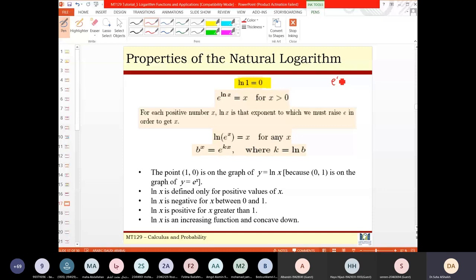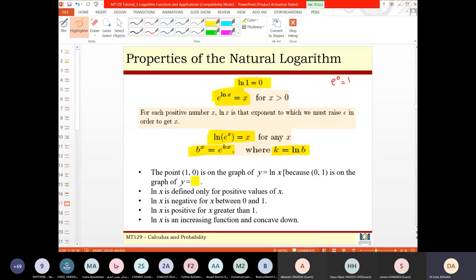And as I said, e to the power ln x equals x, they cancel each other, and ln of e^x equals x. Also, b to the power x can be written as e to the power kx, where k is equal to ln b. Any exponential b to the power x can be written this way.